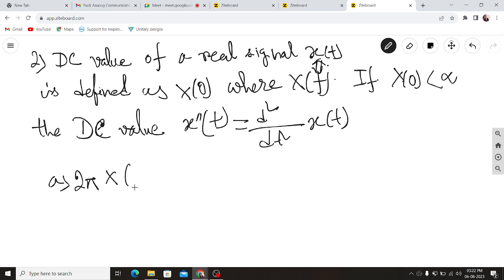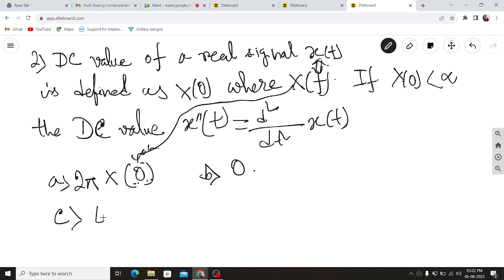This big X denotes the Fourier transform, with the variable in omega. The option B is 0, so it does not depend on the frequency spectrum. Option C is 4 pi X0 and option D is pi X0.